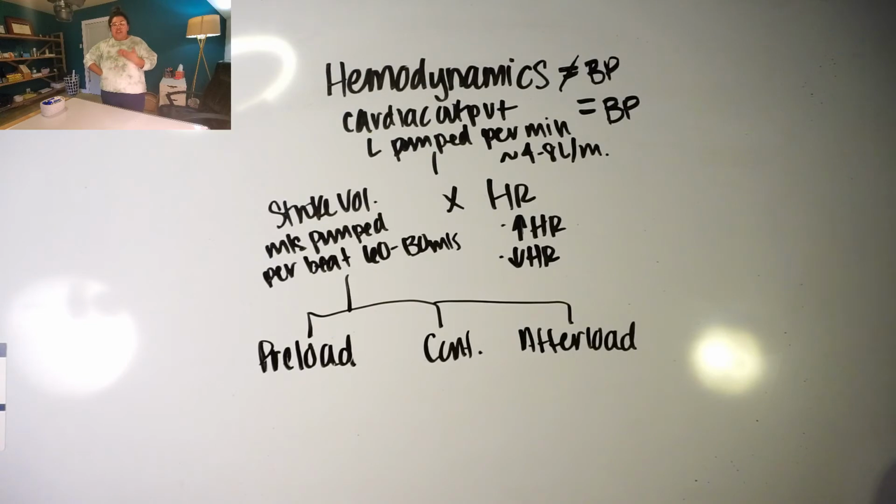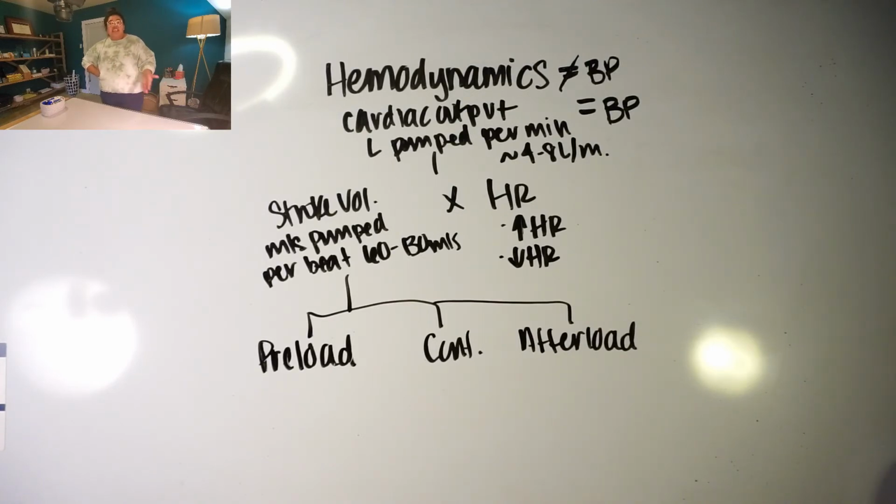That's when they're no longer compensating, and that's when you need to act now. Okay, so that's where the symptoms come into play. So again, back to what I was saying, with elevated heart rate, you have less filling time. That's going to eventually change your cardiac output, and then they will become symptomatic.